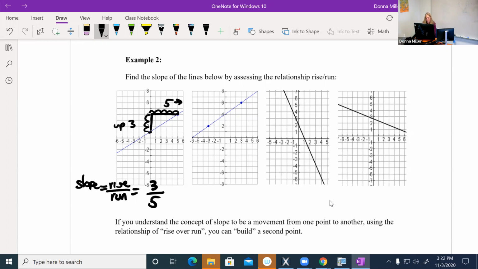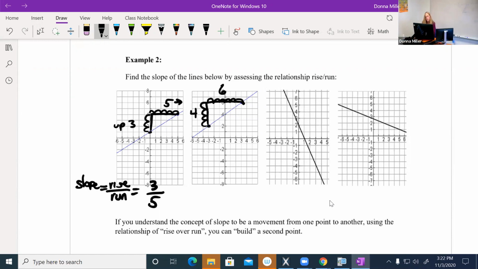All right, so we can do the same thing. Let's go up and over. From point to point, I'm going up, count spaces, 1, 2, 3, 4. I went up 4 spaces and over 6 spaces, right?